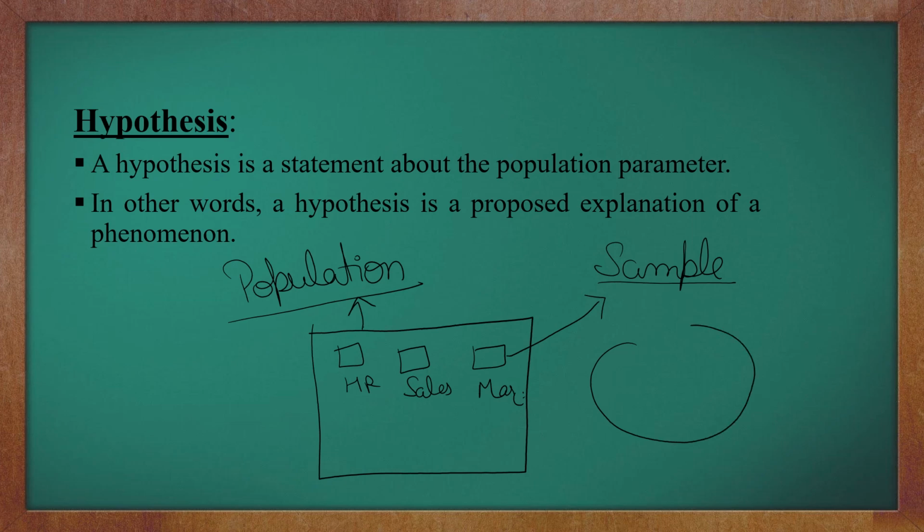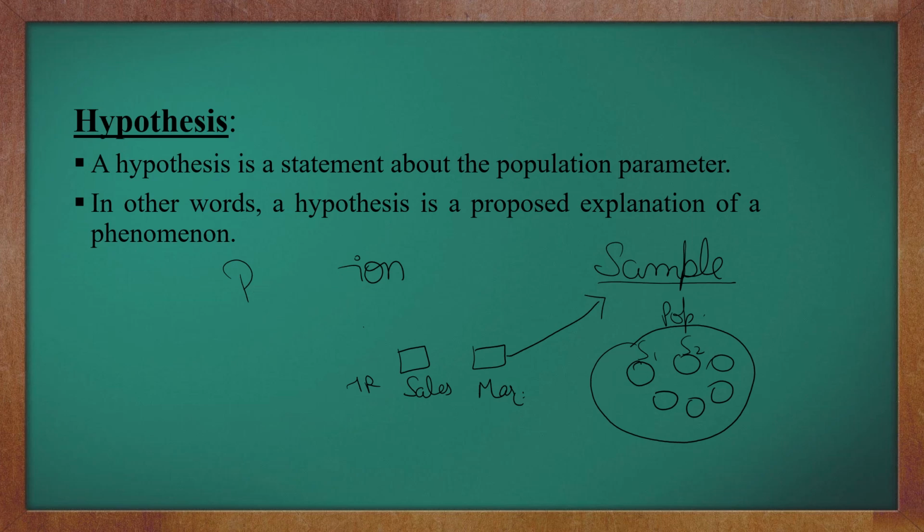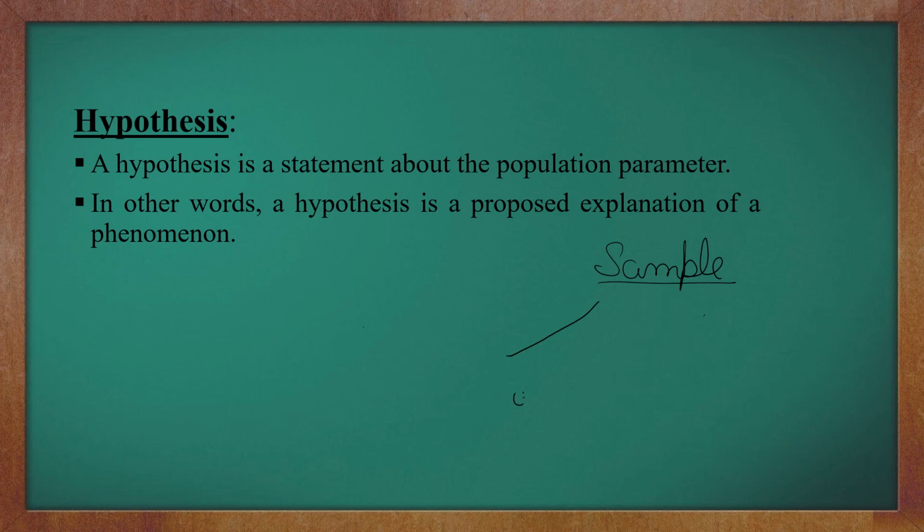So the entire thing is a population, but if you're taking small parts of that entire population, that becomes a sample. This should be very clear, because in hypothesis, if this is not clear, we cannot proceed to hypothesis testing. Population means entire data, and sample means a small part of the population.